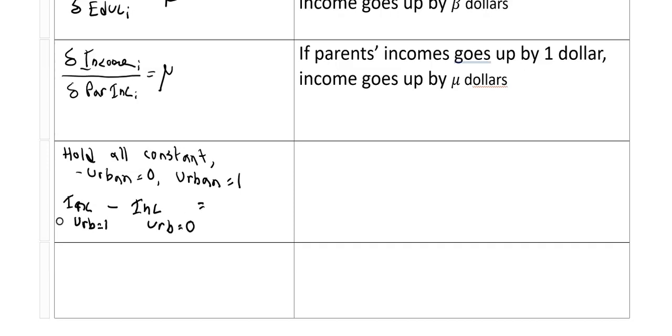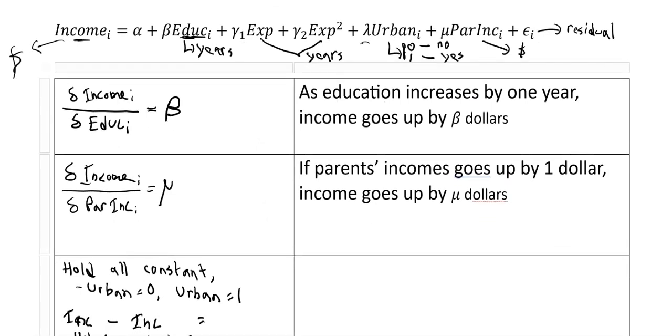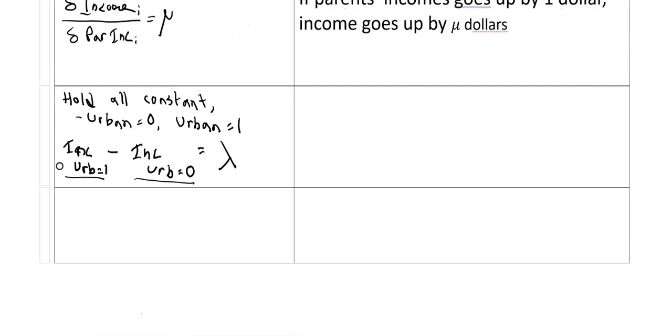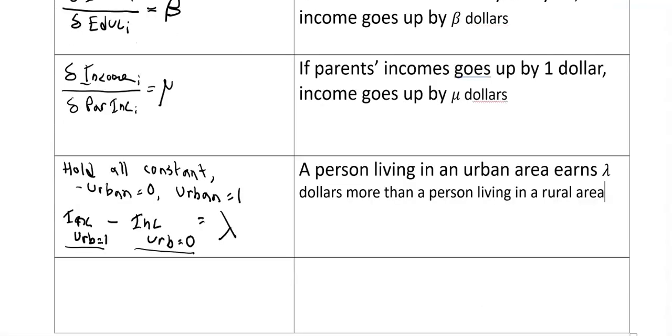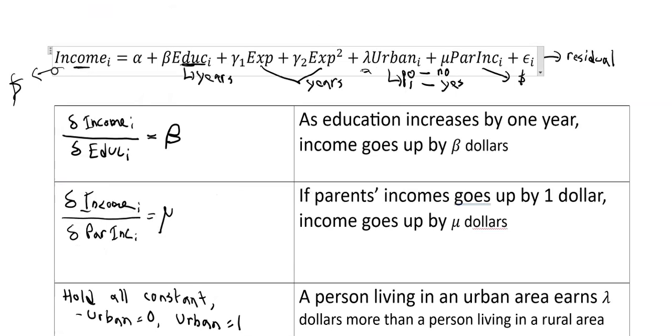And that, if everything is constant, leaves me with the coefficient of urban, which is going to be lambda. And the way we would interpret this is, we would say a person living in an urban area earns lambda dollars more, or less if it's a negative value, than a person living in a rural area.